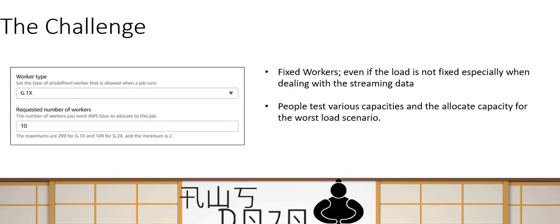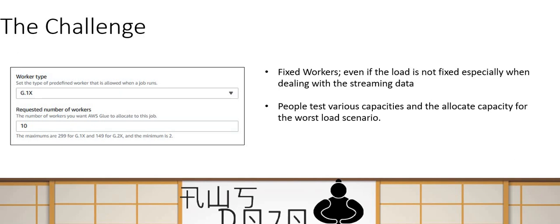The challenge which I face is the following. In this whole configuration, I can define a worker type and I can define a worker number, but that worker number is fixed. And that could be a challenge if my load is not fixed.